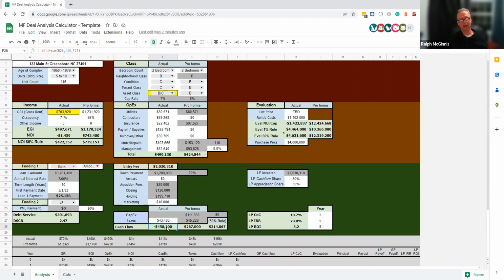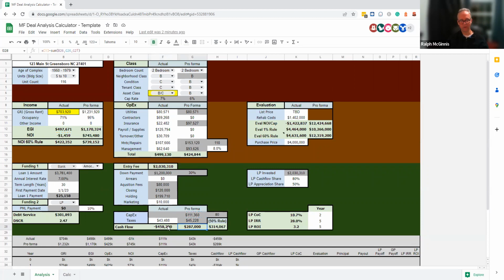The NOI does not include the taxes, the debt servicing, and the CapEx. So the CapEx, taxes, and debt service are the three things that are not included in the NOI. Once you subtract out those three items, then you get to the actual cash flow.